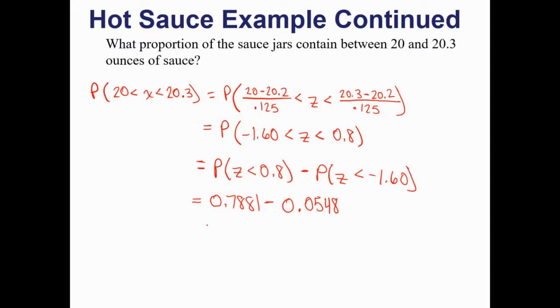We subtract these values, and we get 0.7333.